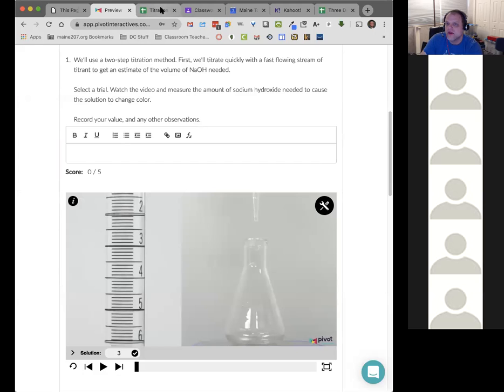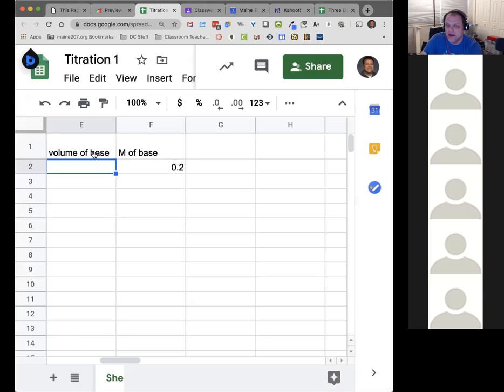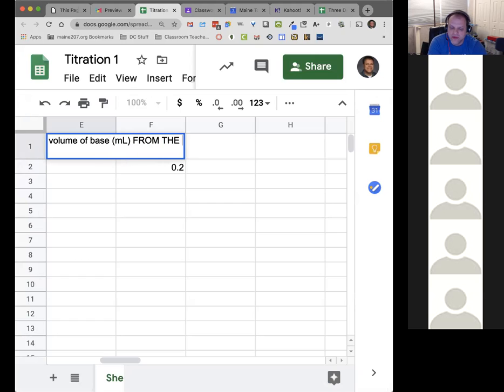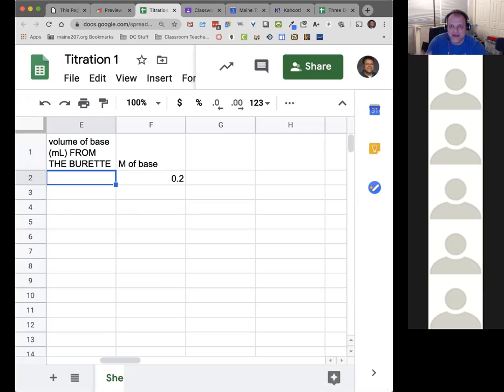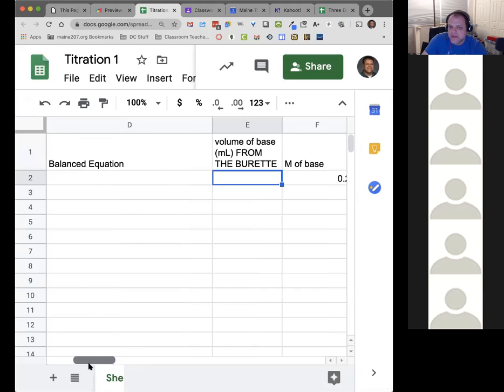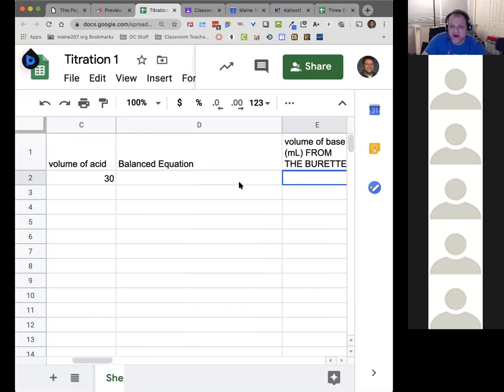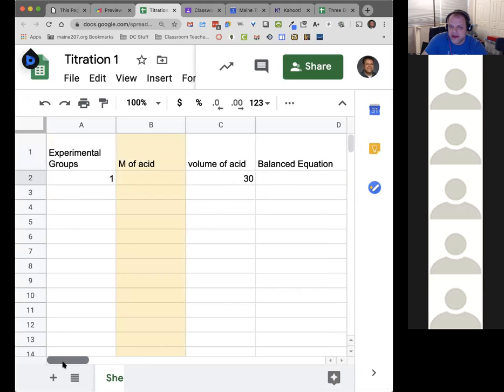So that volume of base comes from the burette, that tall, long thing there. The balanced equation will be the same for all of these, and we'll talk through that real fast. And then what we're looking for is the molarity of the acid.